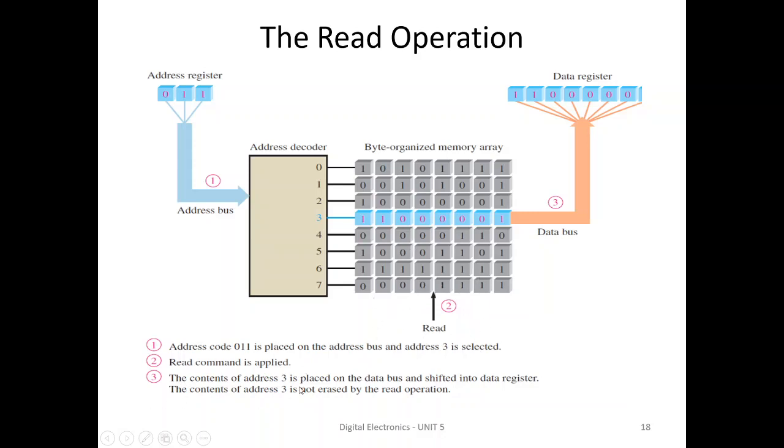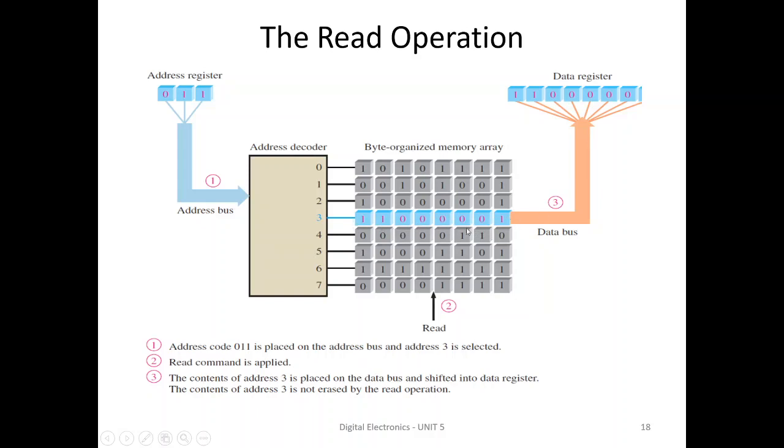The content of address 3 is placed on the data bus and shifted into the data register. The content of address 3 is not erased by the read operation. Very important. You're going to read what is exactly present in that particular location. That is all. You're not going to write or erase anything.